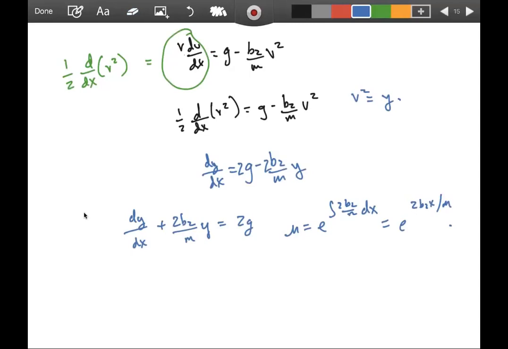So good. From here, multiply both sides by that. So my left-hand side becomes simply my total derivative. So I'm going to get d/dx of mu times y is then equal to 2 times g times mu. Again, I'm going to integrate both sides with respect to x.